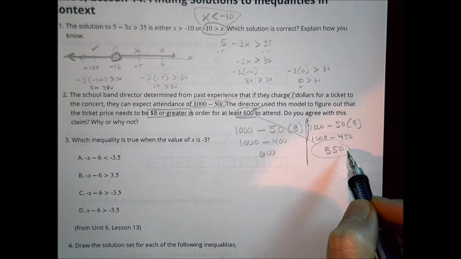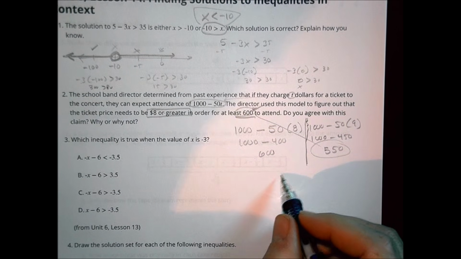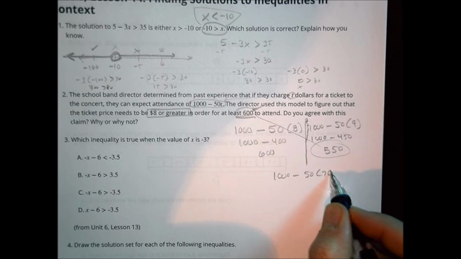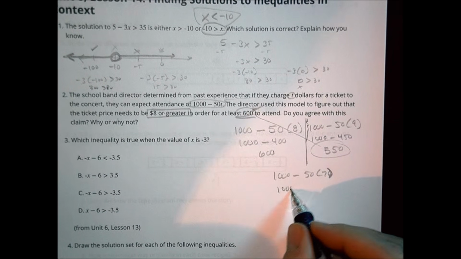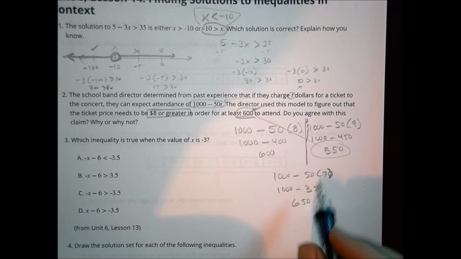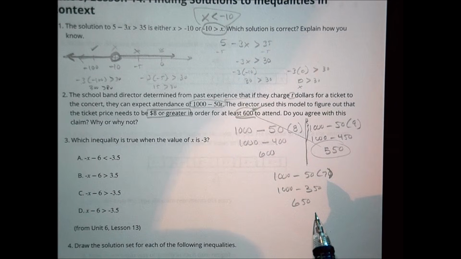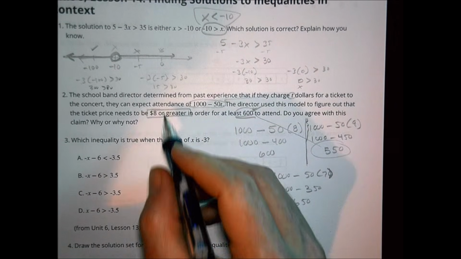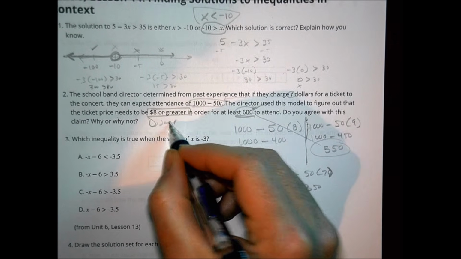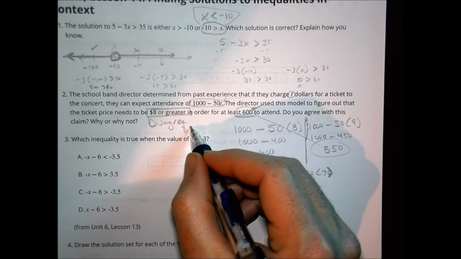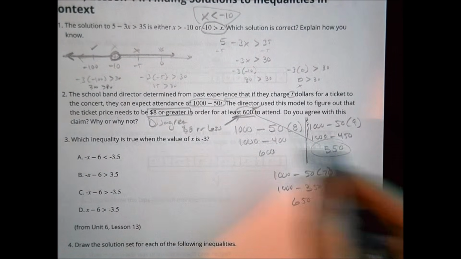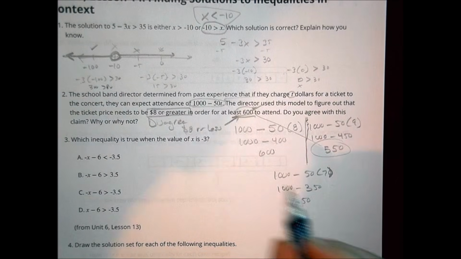Let's try 7 real quick. 1,000 minus 50 times 7 is 1,000 minus 350, which gives me 650. Does that work? It sure does. So we disagree, and it should be $8 or less in order to get your 600 people, according to just putting some numbers in there.